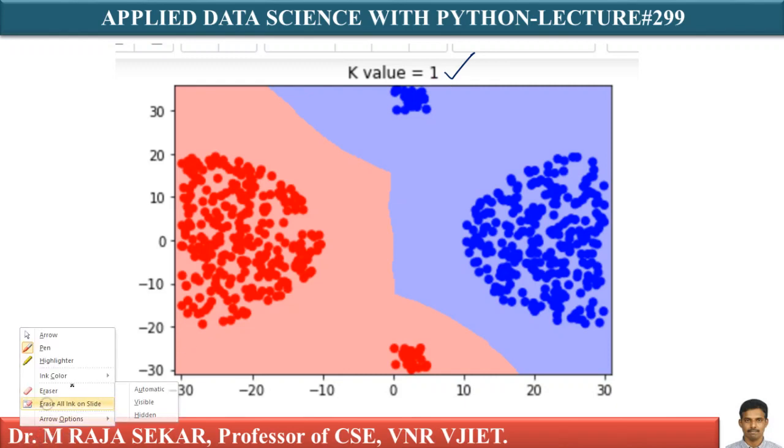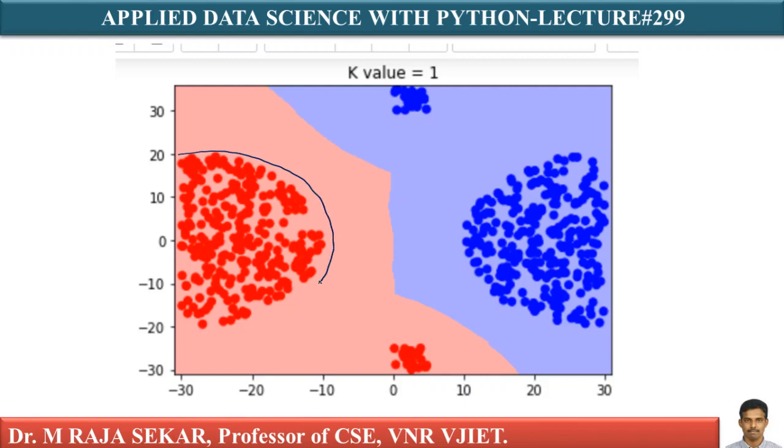If you observe this data set carefully, here is a very interesting case of outliers. Just see what this is. This portion is all of my red points, isn't it?